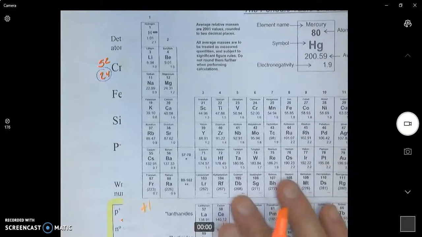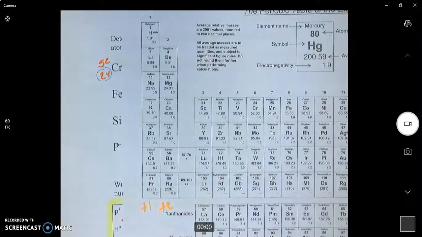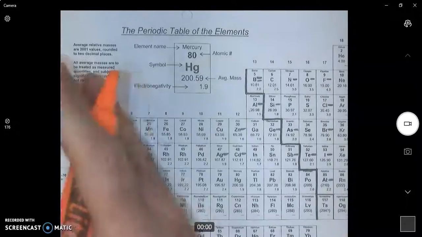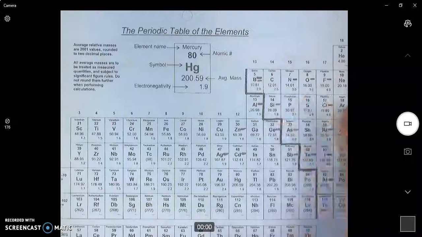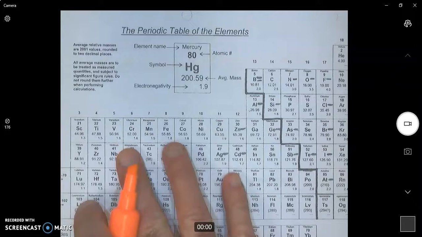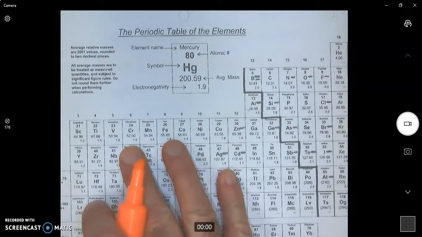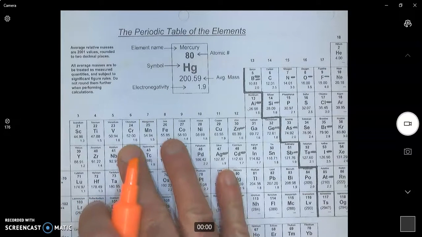Okay, they're always +1. This whole group here is always +2. From there over to the staircase, they can have multiple charges. So we have to put a Roman numeral in. Chromium can be +2, +4, or +6. So how do we know which one it is? Well, whatever the charge is, chromium +4, we would put the Roman numeral 4 after. If it was chromium 2, we would put chromium Roman numeral 2.